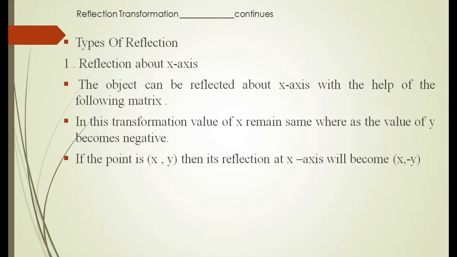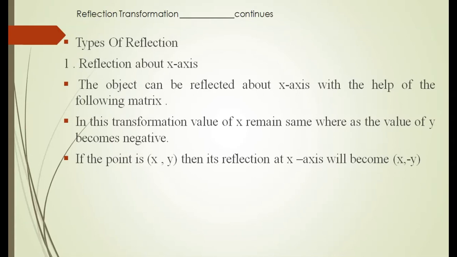First one is the reflection about the x-axis. In the first type of reflection, the object can be reflected about the x-axis with the help of a matrix. In this transformation, the value of x remains the same, whereas the value of y becomes negative.